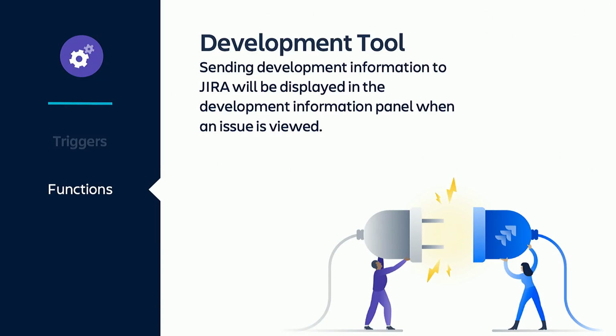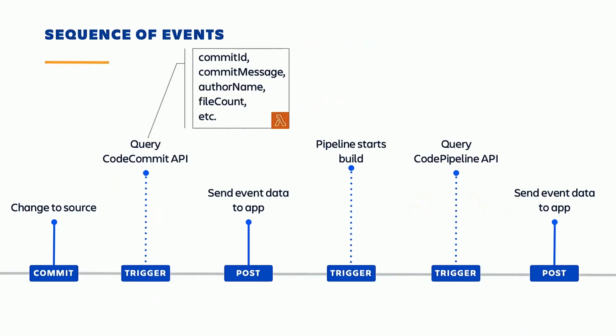So in the app descriptor, in the module section, I have the development tools module, which I'm aligning to CodeCommit, and then I have my build module that I'm aligning to CodePipeline. And then I have the corresponding Lambda functions for those. And what I'm capturing from those APIs are the commit ID, commit messages, all the relevant information that is a required field for my REST API on the Jira side.